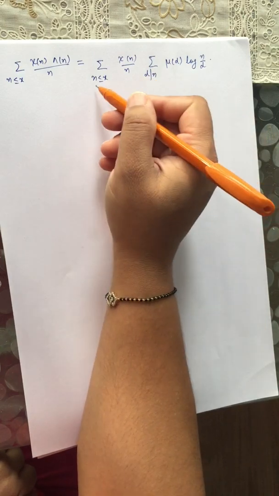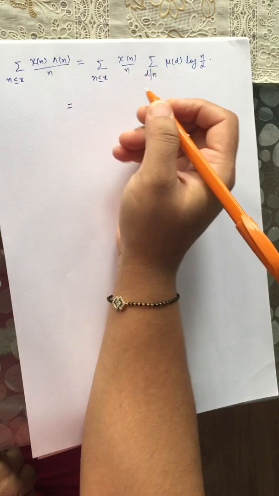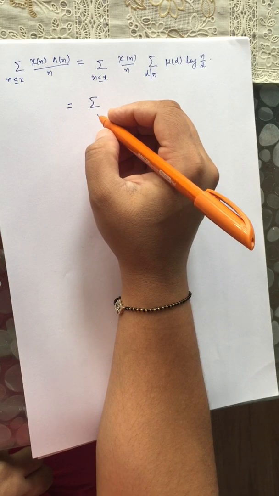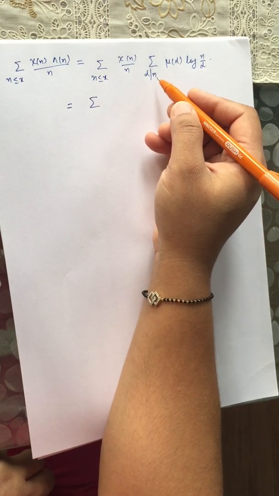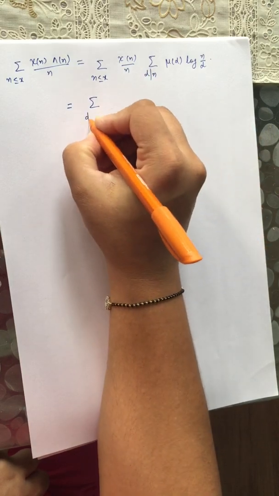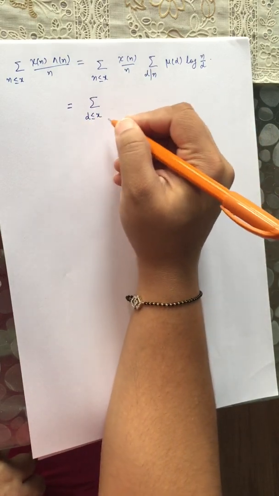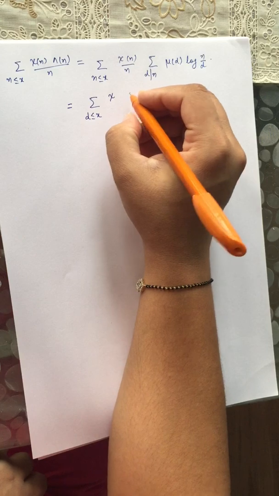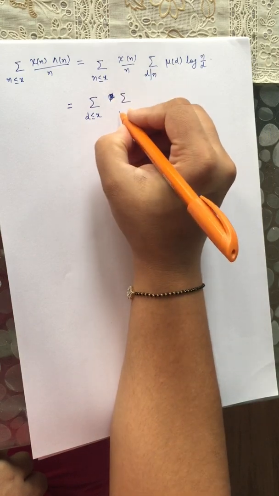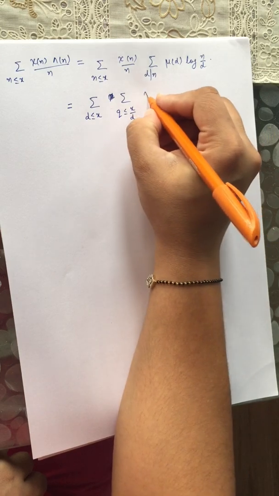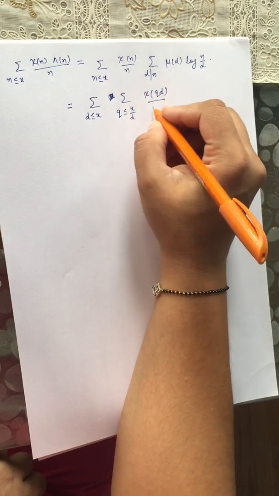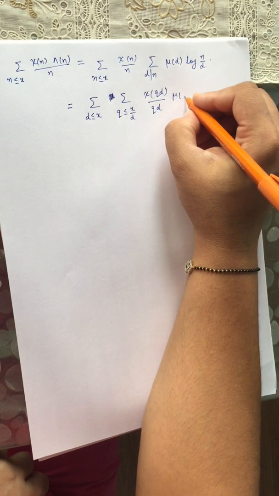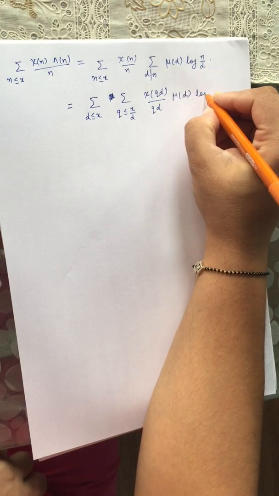Now d is a divisor of n and n is less than or equal to x, so these two sums can be written as, if we put n equal to dq, summation d less than or equal to x and q less than or equal to x/d. Now χ(n)/n becomes χ(qd)/(qd). Now μ(d), and log(n/d) is log of q.